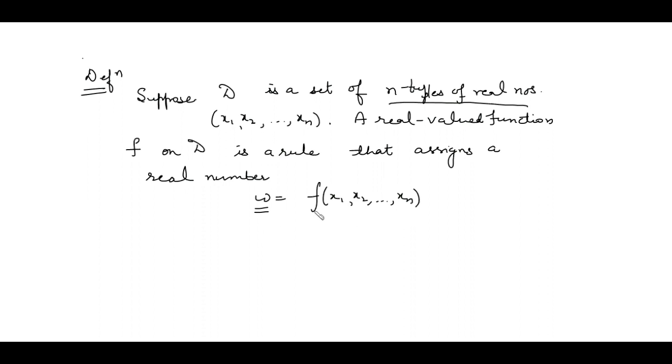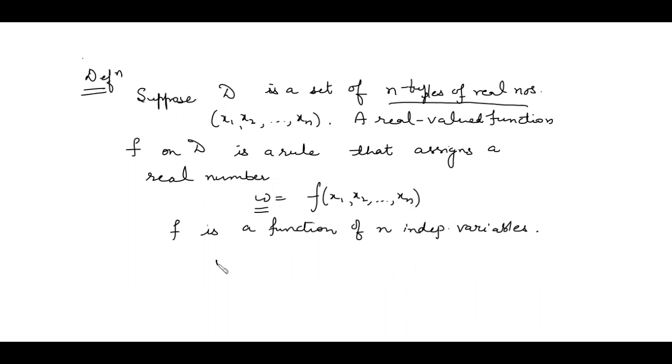So we say that this function is a function of n independent variables. Here these x1, x2 up to xn are the input variables, and this w is said to be the output variable which depends on these n independent variables.